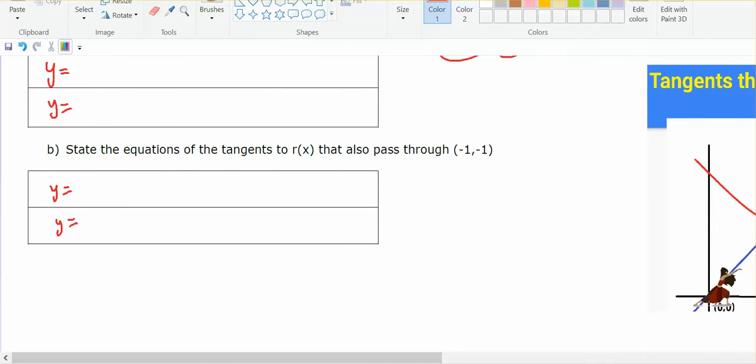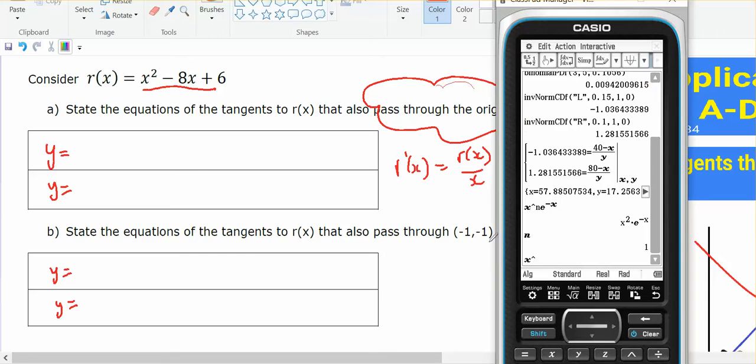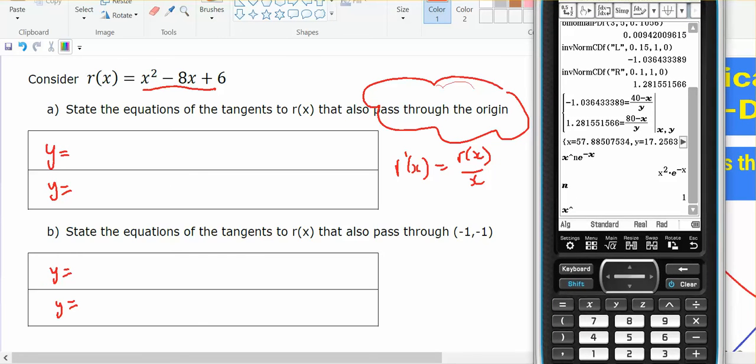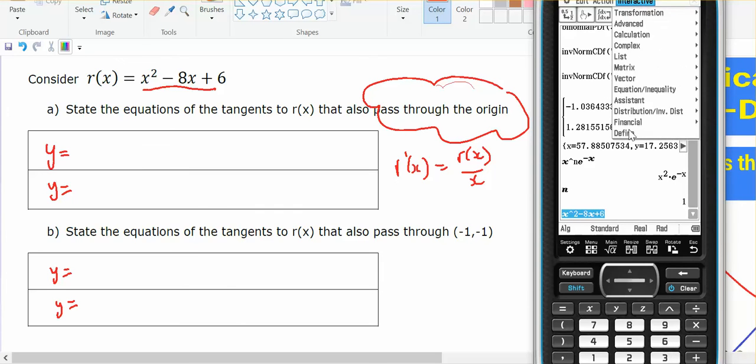Okay, so tangents that go through the origin, it's going to be r dash of x equals r of x over x. I'm going to use x instead of a. So I'll bring out my calculator. I've got x squared minus 8x plus 6, and I'm going to select it and define it.